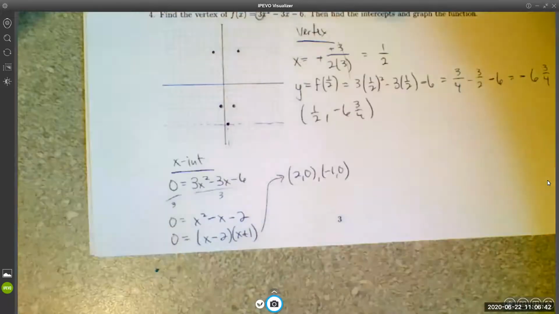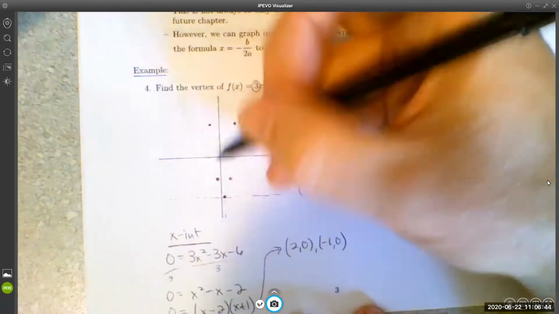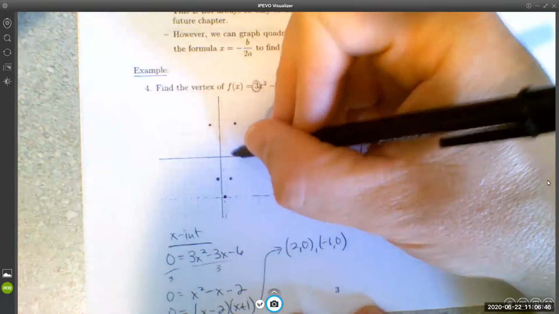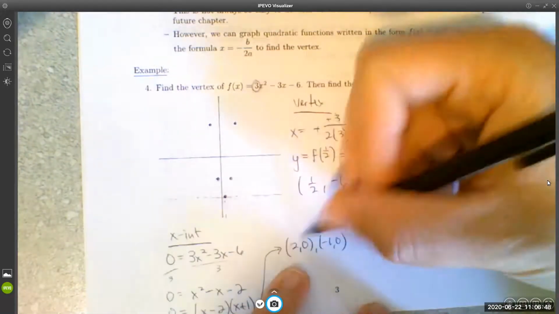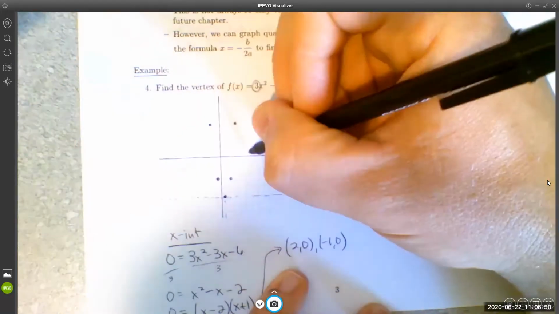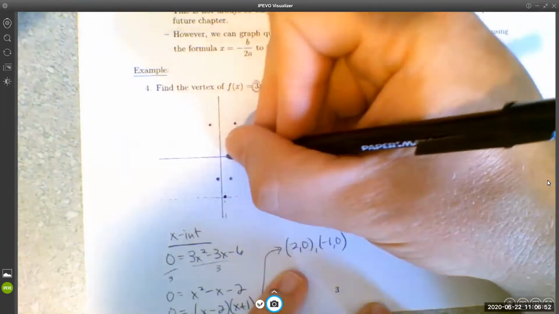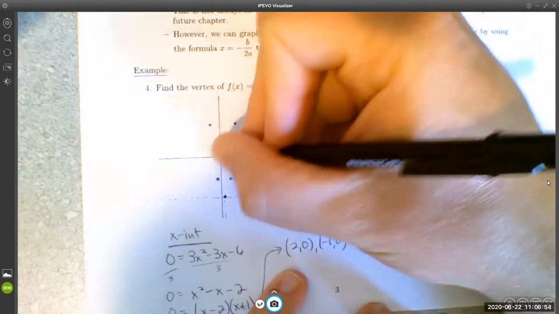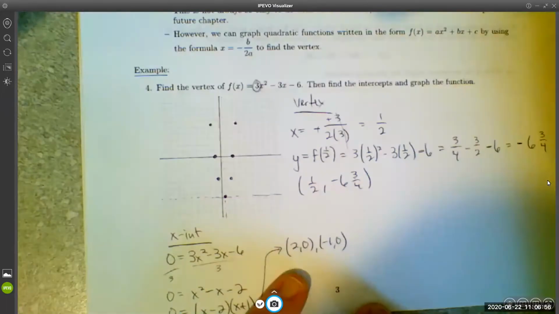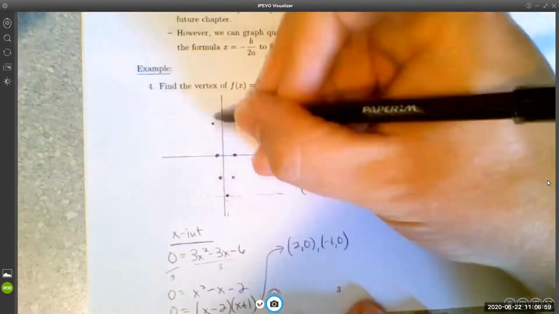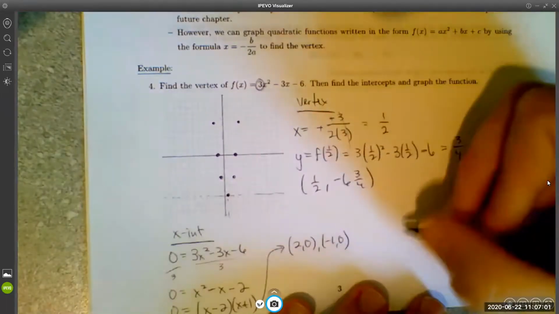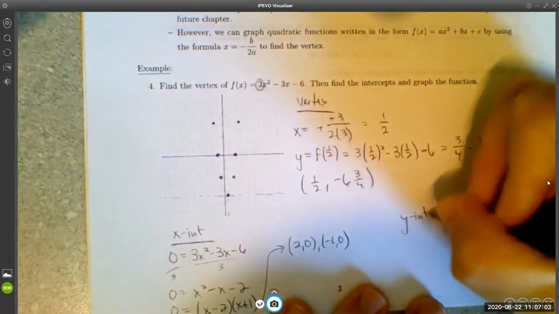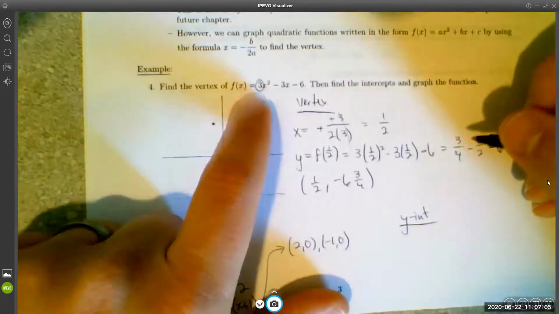Let's see if that corresponds to what we would have expected to happen. So (2, 0), 1, 2. These points are with respect to the original axis system, of course, right? So (2, 0) there, and (-1, 0) there. Yeah, that's still looking pretty good, right? Finally, our y-intercept. We get that by plugging in 0 for x.